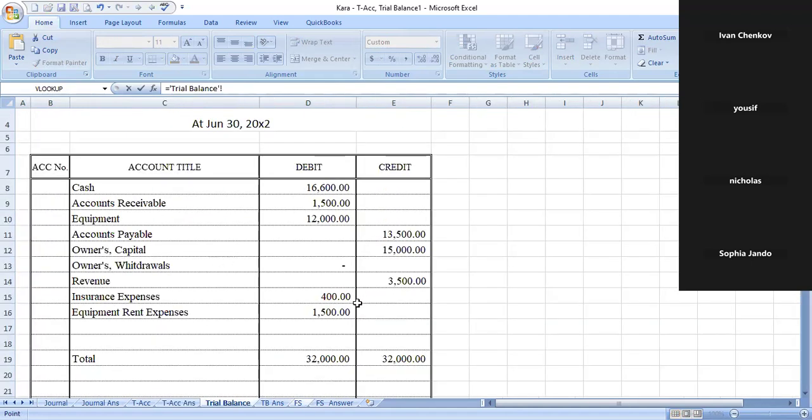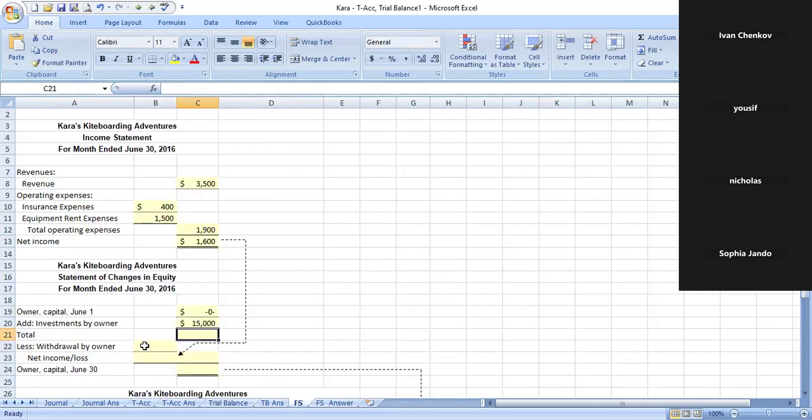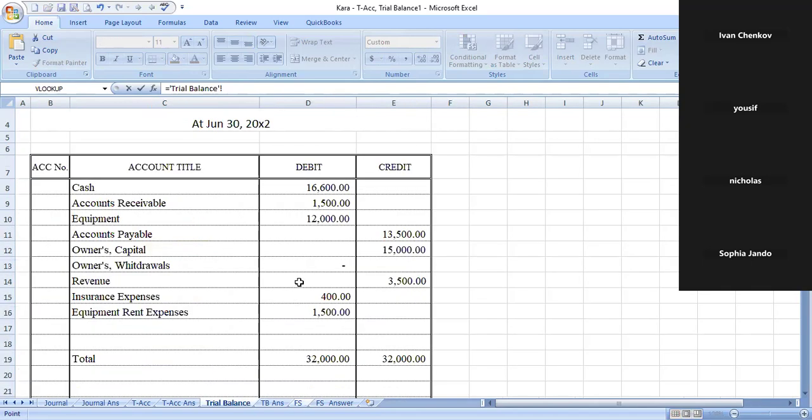We can check the trial balance: the owner invested $15,000, correct? Now, in total, the owner's capital is 0 plus 15, so in total it's $15,000. Then, did the owner withdraw money? No.